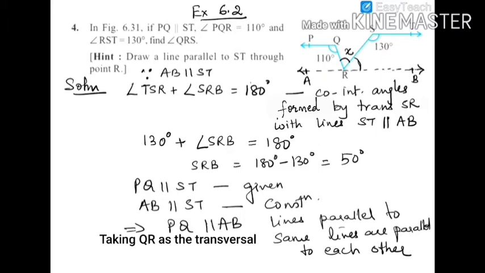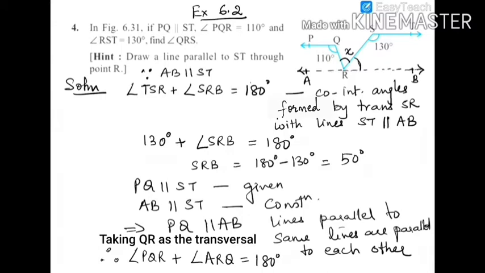Now we can use QR as the transversal that cuts PQ and AB. Angle PQR and angle ARQ form co-interior angles. So we can say angle PQR plus angle ARQ is equal to 180 degrees, because the sum of co-interior angles is equal to 180 degrees.